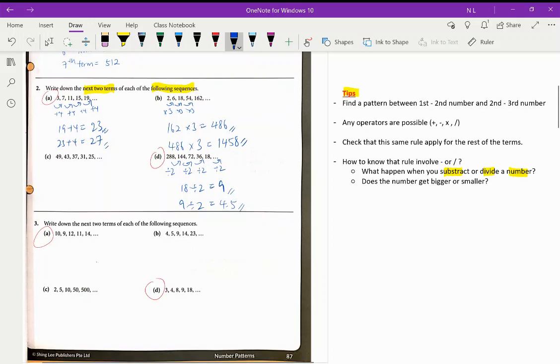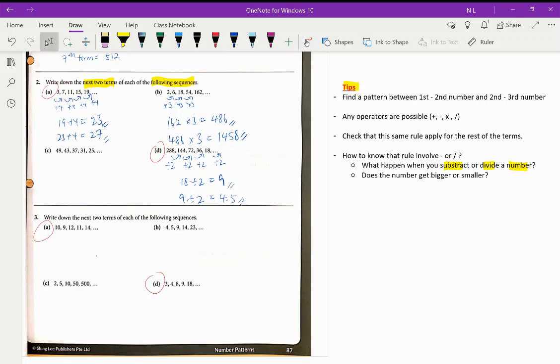So let's look at question 3. For question 3, they say the same thing. Let's look at the next two terms for each of the sequences. So let's check. When I go from the first term to the second term, it is minus 1. From the second term to the third term, it seems to be plus 3. From the third term to the fourth term, it is minus 1.